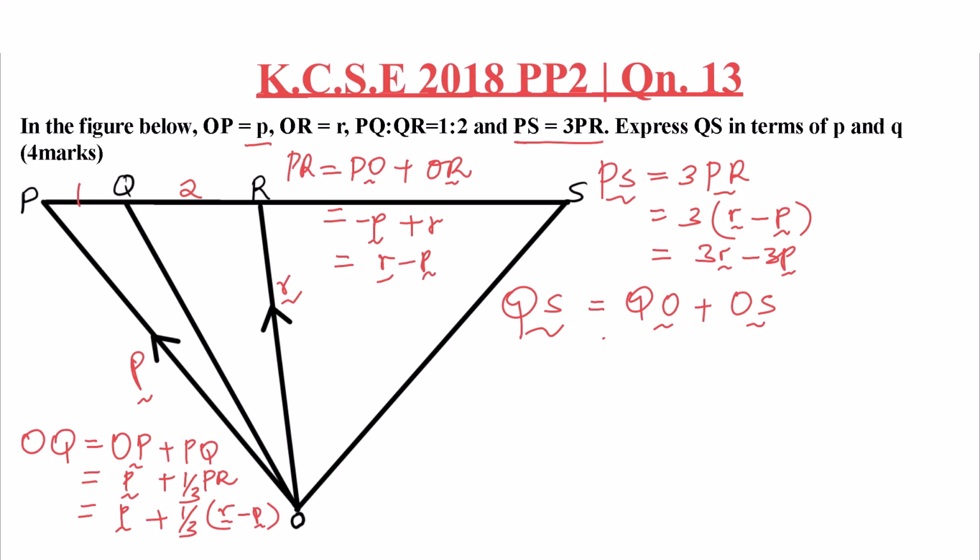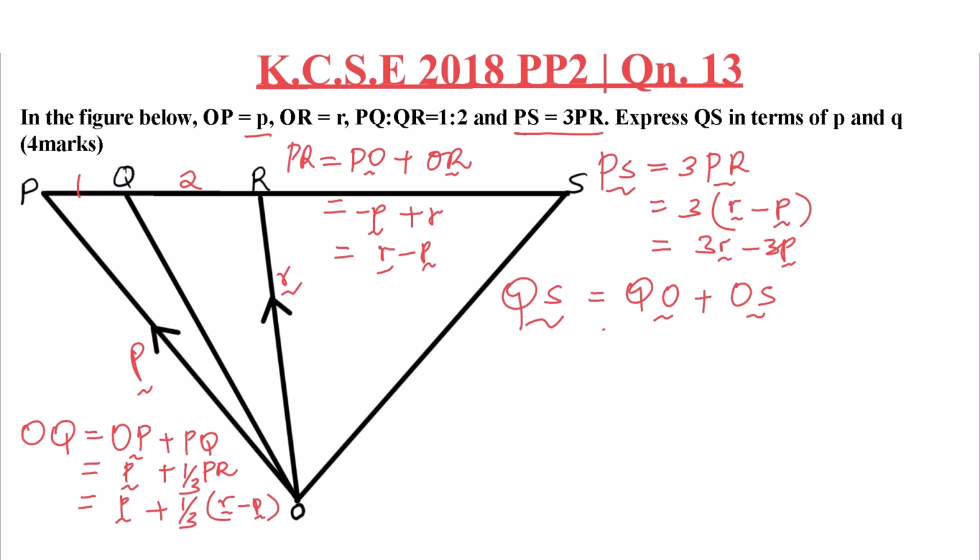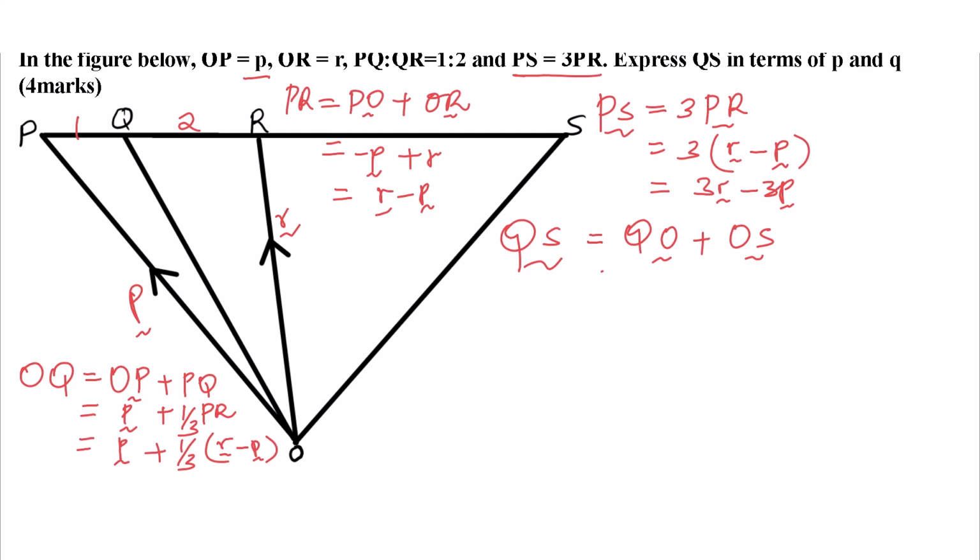Then we can proceed. This will give p plus a third r, you multiply everything by a third, minus a third p. Then from there, like terms together.